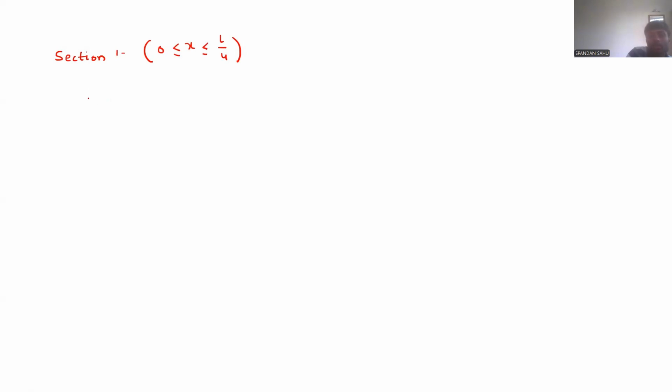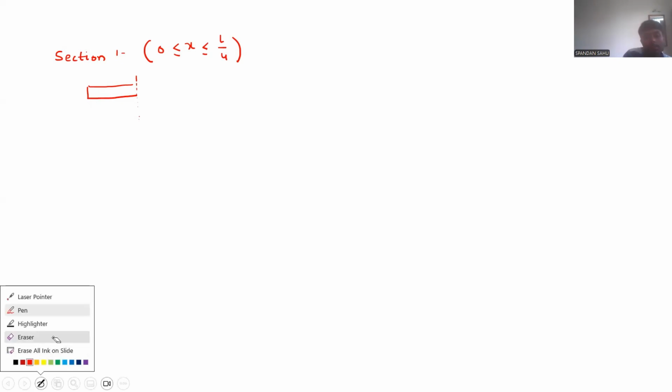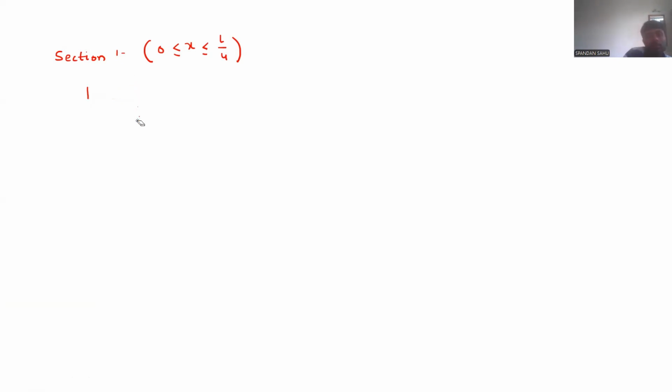Okay. So, we can draw the free body diagram for that span. It is like UDL is acting, and this is the section we have shown. So this is W kilonewton per meter.